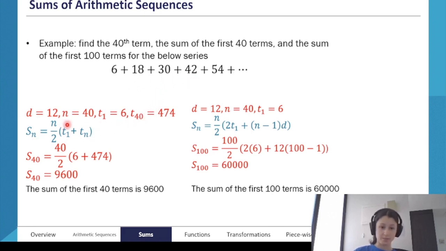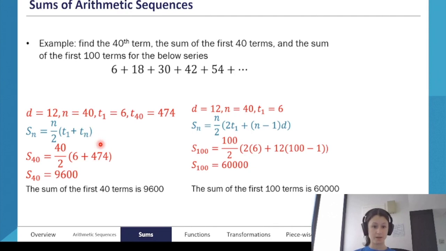So what that means, because we already know Tn, we can use this shorter part of the equation here. If we hadn't already known Tn, we could have used that longer part of the sum equation, or we could have just found Tn separately, as I was saying before.